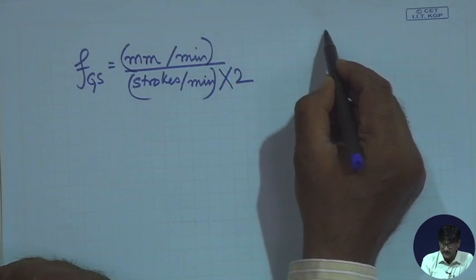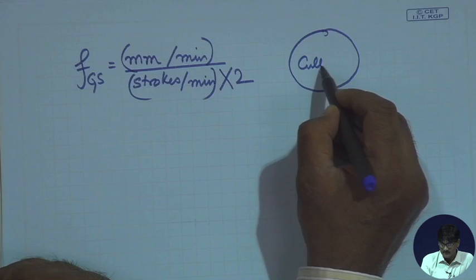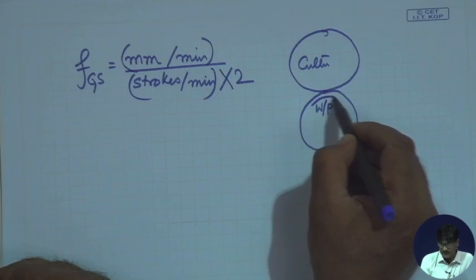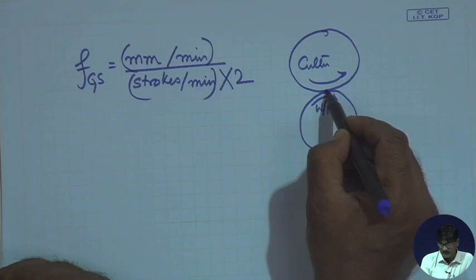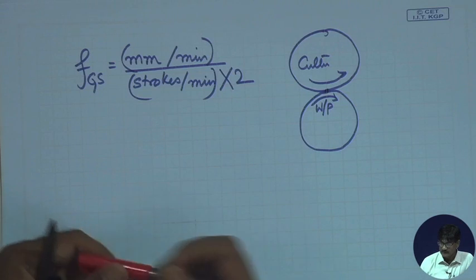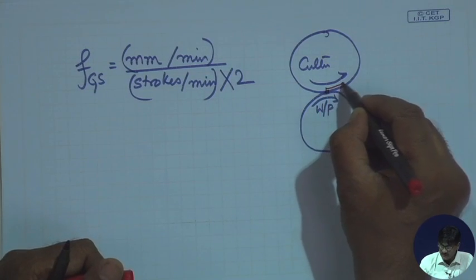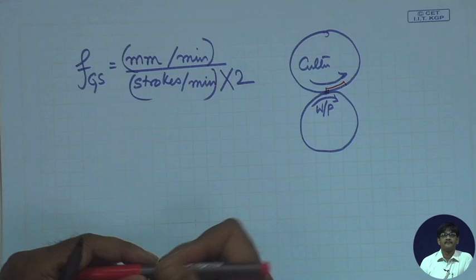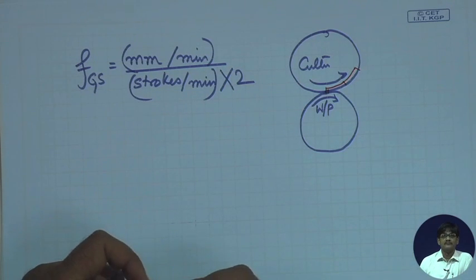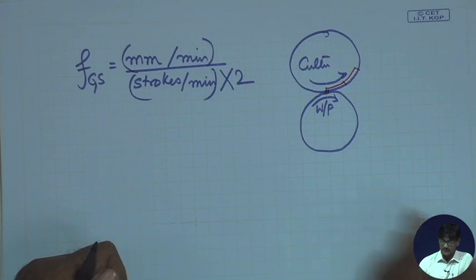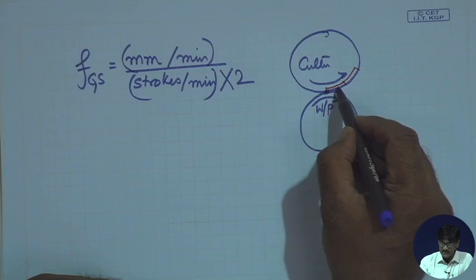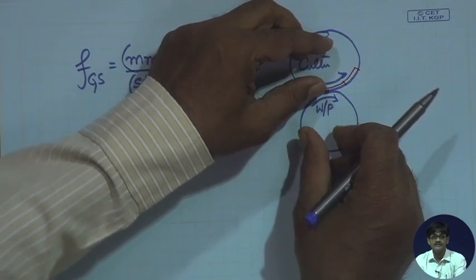Millimeters per minute of circumferential movement. It's like this. This is the cutter, this is the workpiece, and this one is rotating against the other, and therefore there is the movement it suffers. Say I will draw with a different color. Suppose this amount of movement is taking place per minute as they roll against each other.